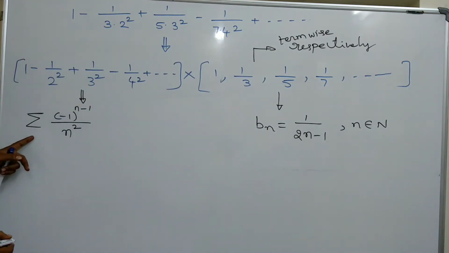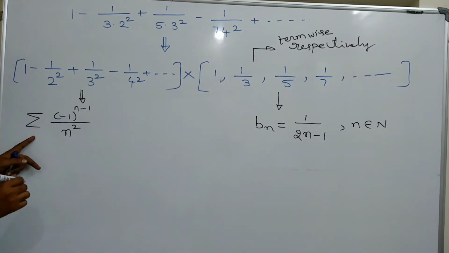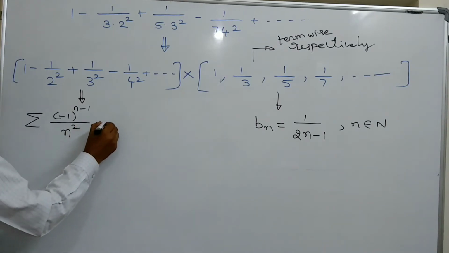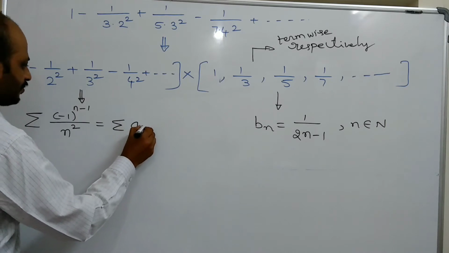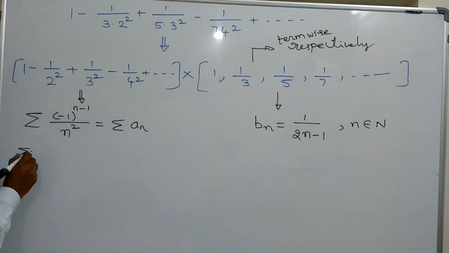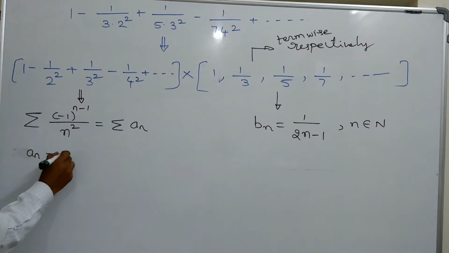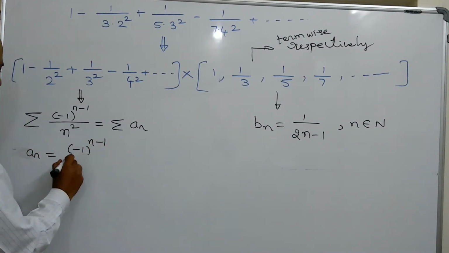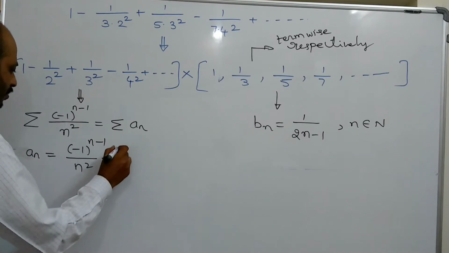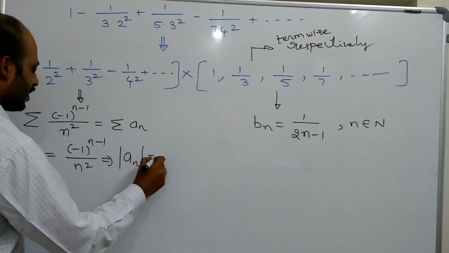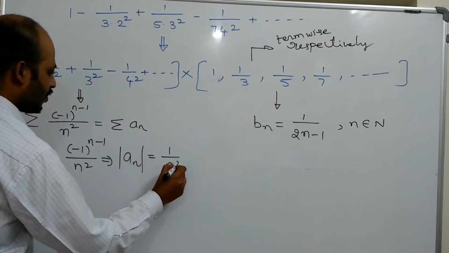This alternating series is clearly convergent by using Leibniz test. Summation an, compared with the series, is minus 1 power n minus 1 by n square. If you take the modulus, mod an is equal to 1 by n square.